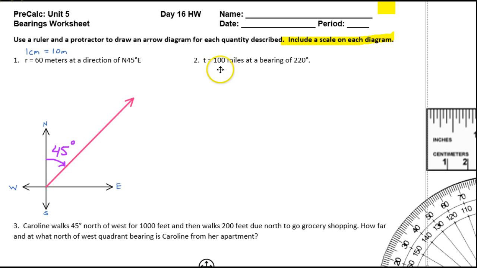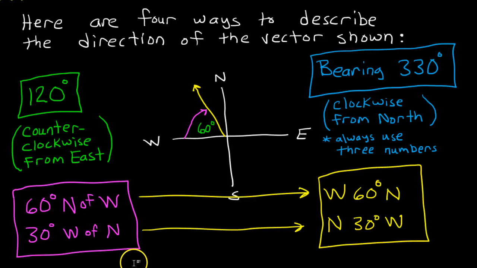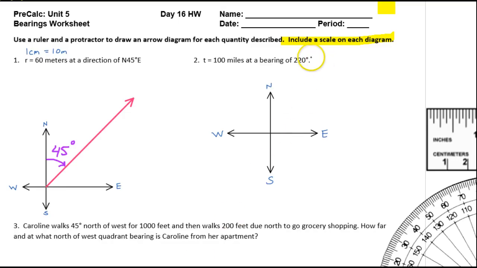Okay, for number 2, we need a bearing of 220 degrees, and then I'll worry about the 100 miles later. Now remember that bearing is measured clockwise from north. So if we were talking about a bearing of 220, we're talking about moving 220 degrees clockwise from north.